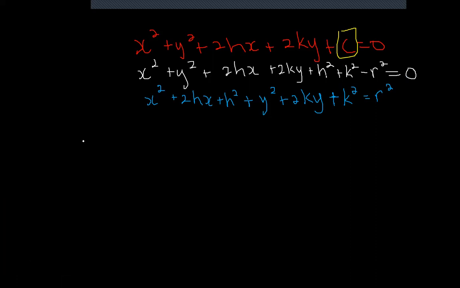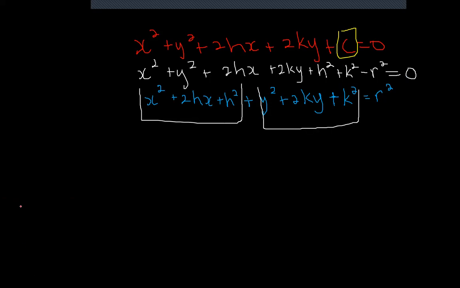Why I showed you the other method is because this one is a bit longer. This you have to complete the square now. So this is one set of terms we're dealing with, and this is the other set.